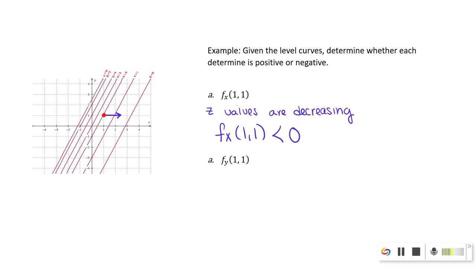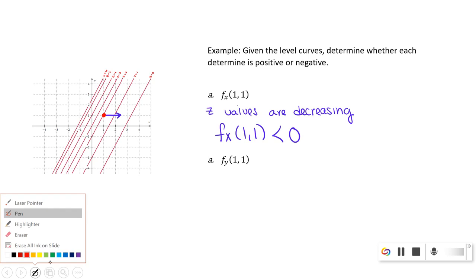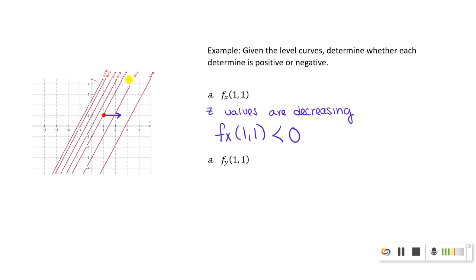As I move along that arrow in the positive x direction, we start at a z value of 2, and as the x's get bigger, the z values go down to 1 and then 0. Since these z values are decreasing, our derivative with respect to x is negative. A negative derivative tells us that the values are decreasing.